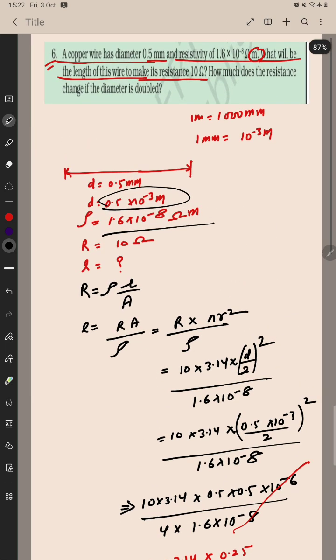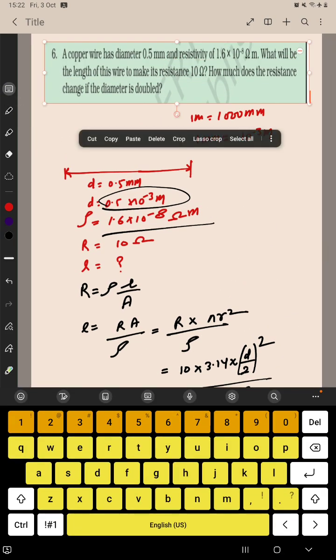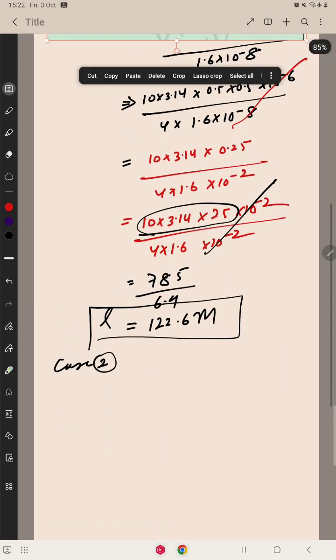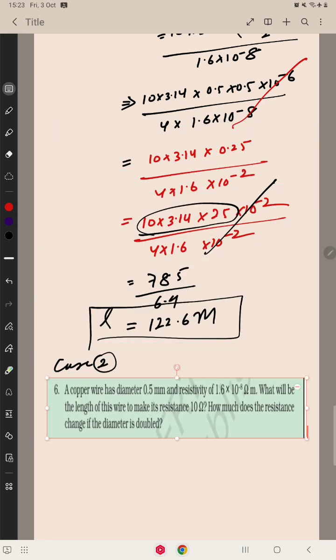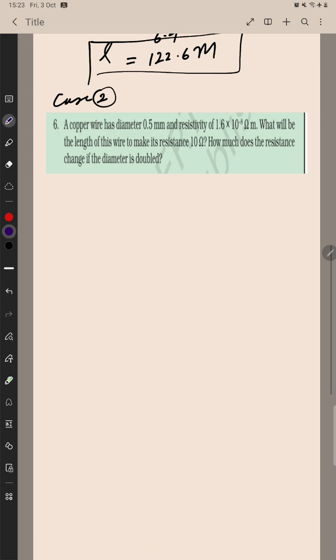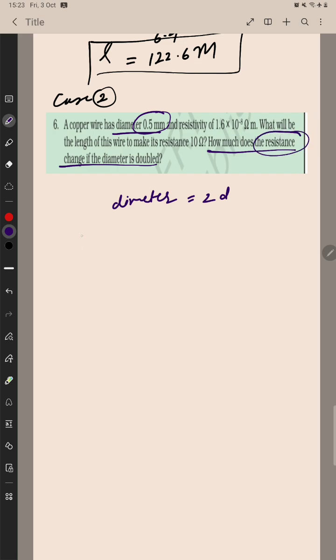So what is the second part talking about here? You see, students, let us bring this closer. Second part: how much does the resistance change if the diameter is doubled? So if you talk about the diameter, whatever they have given as 0.5, the diameter becomes 2d, right? Then they are talking about resistance, same formula.